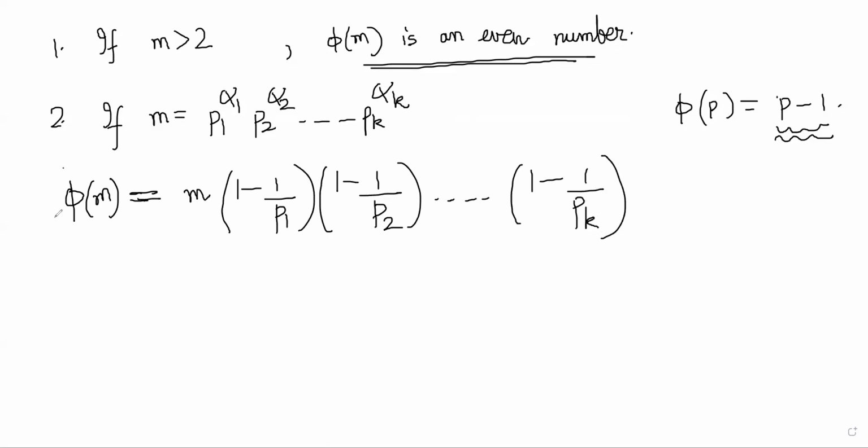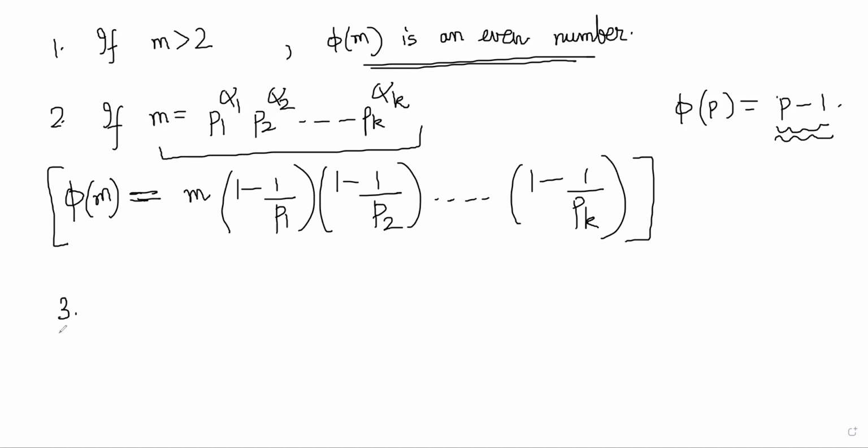This is the formula for phi of m if you know the standard factorization of that number, right? So if you can factorize the number, you can count the number of co-prime numbers to it by this formula.